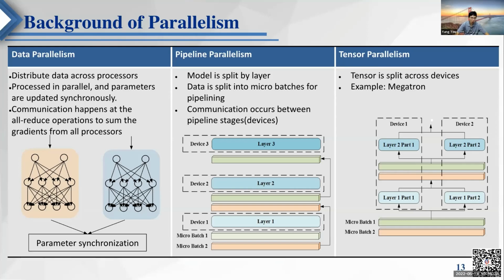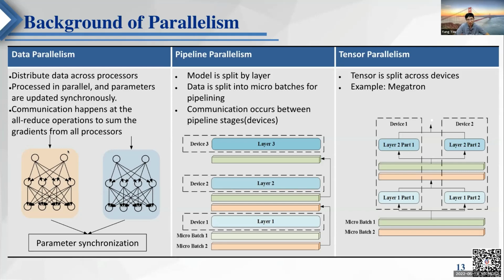Then we do an all-reduce operation to get the average of the gradients, which is the global gradient, and we broadcast it to all the nodes, and each node uses it to update its local weights.